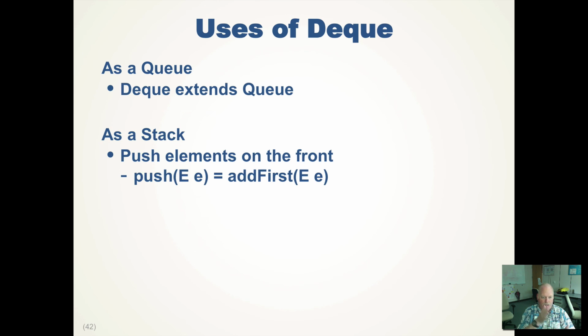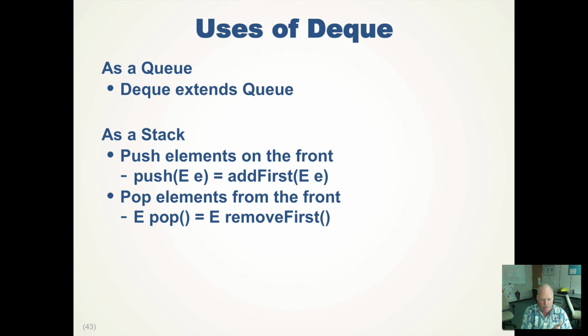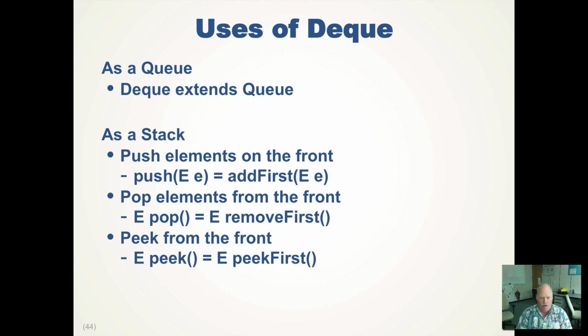That's the same as doing add first, and then I do pop, which is remove first, and peek is just peek first. So I can use a deck as an implementation of a stack, as long as I use the right thing.